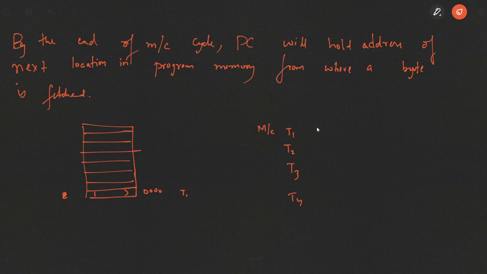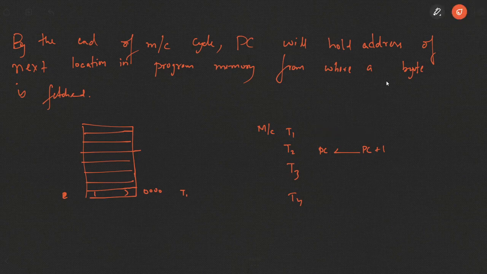In the T1 state, PC will be read so that we can mark the location from where the execution of the instruction has to take place. And in the next T2 state, PC will be incremented by 1.